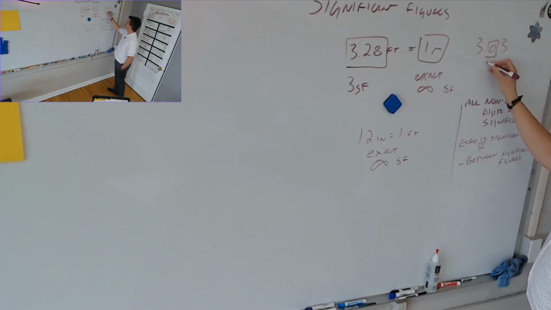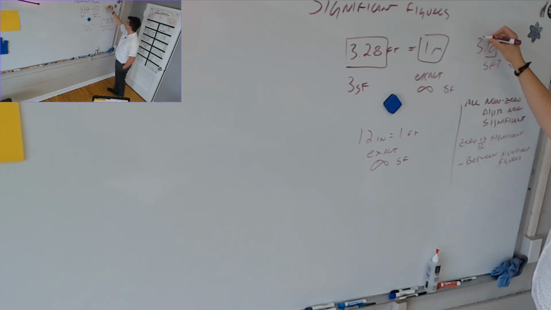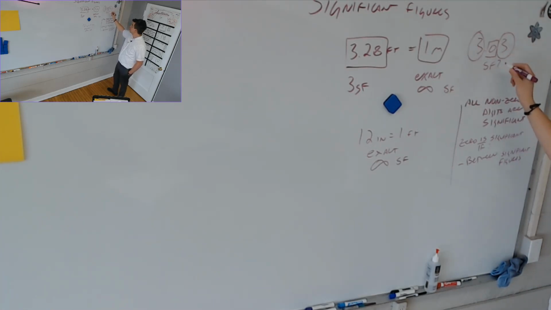Is it significant? Yes, because it's between significant ones. This one's significant and this one's significant. We know because those are non-zero. So this 0 is significant too. What about 303? Is this one significant? Yes, because it's between significant figures.